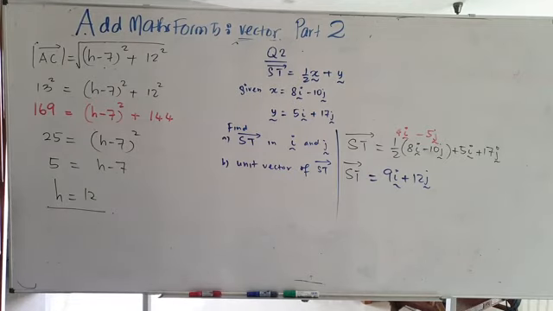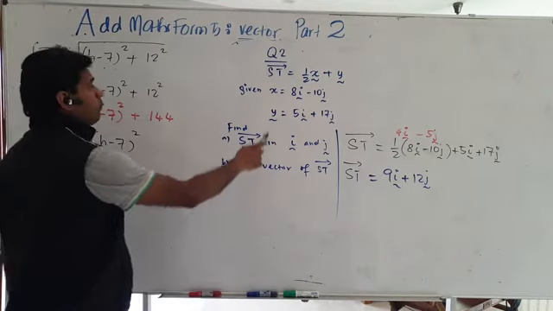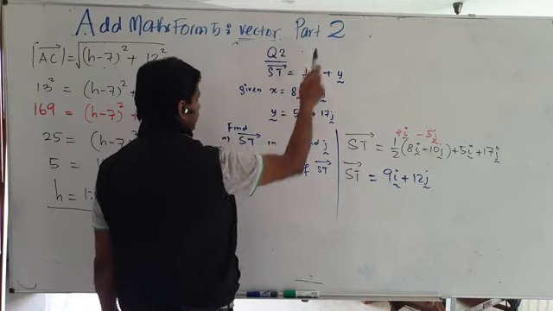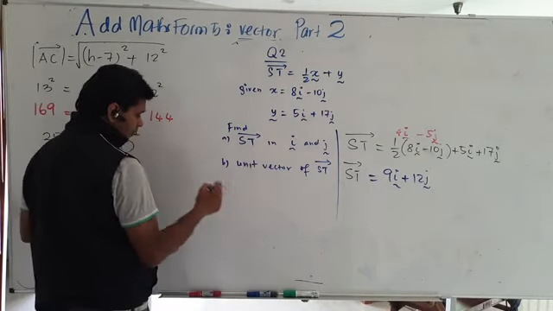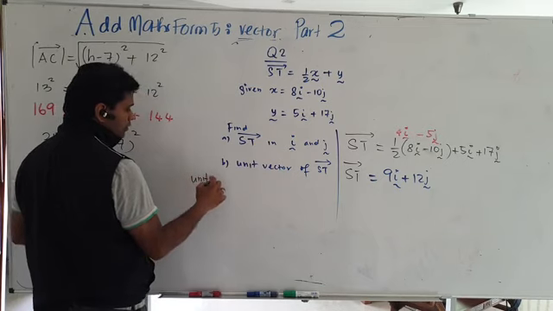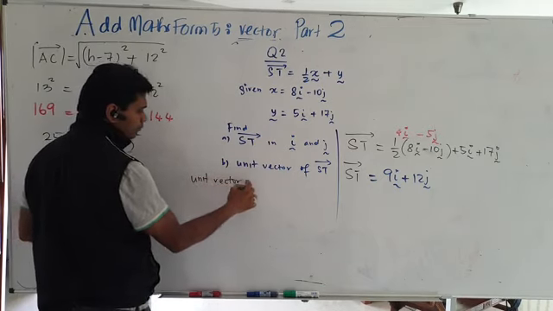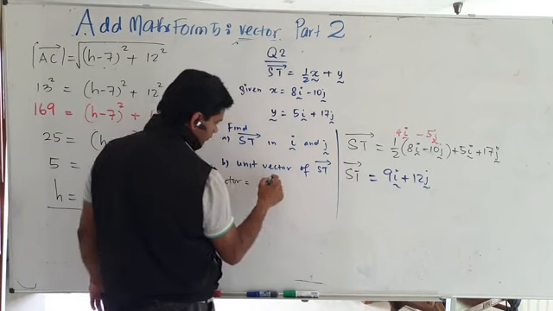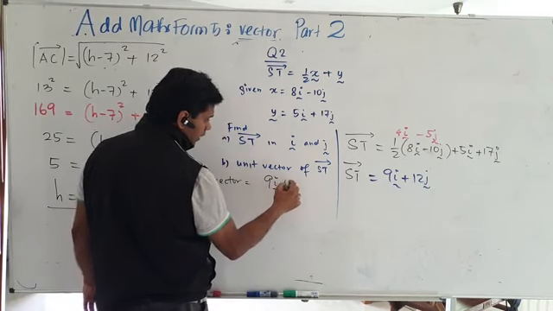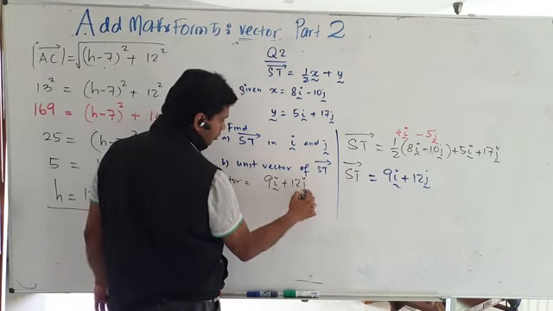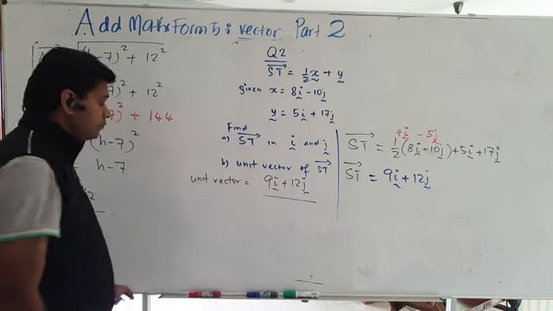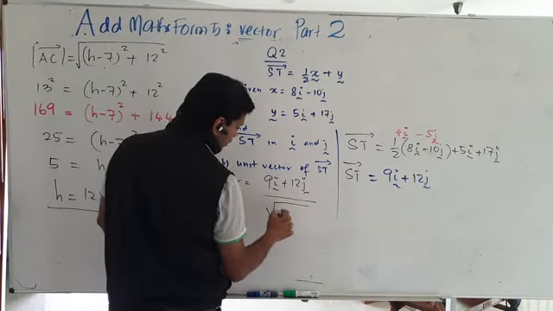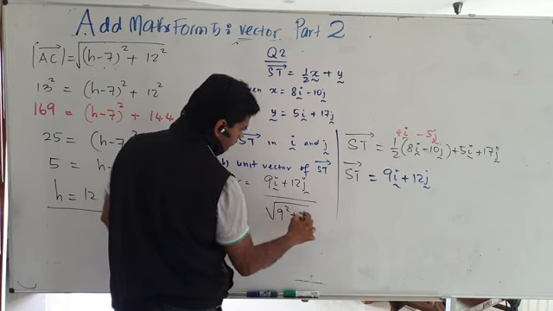Then I've also taught you in part 1 how to find the unit vector. Unit vector is very straightforward. Take this vector and divide by the magnitude. What's the magnitude? Magnitude is this, 9 squared, 12 squared.